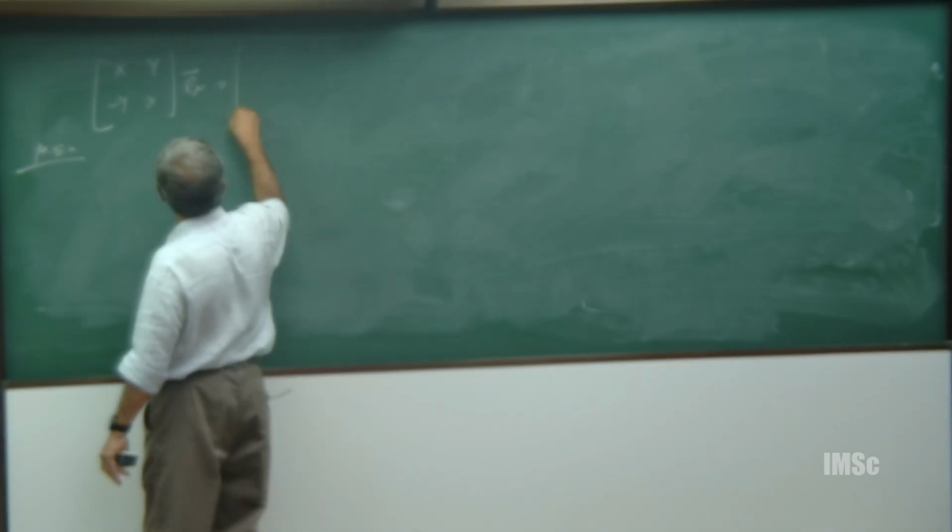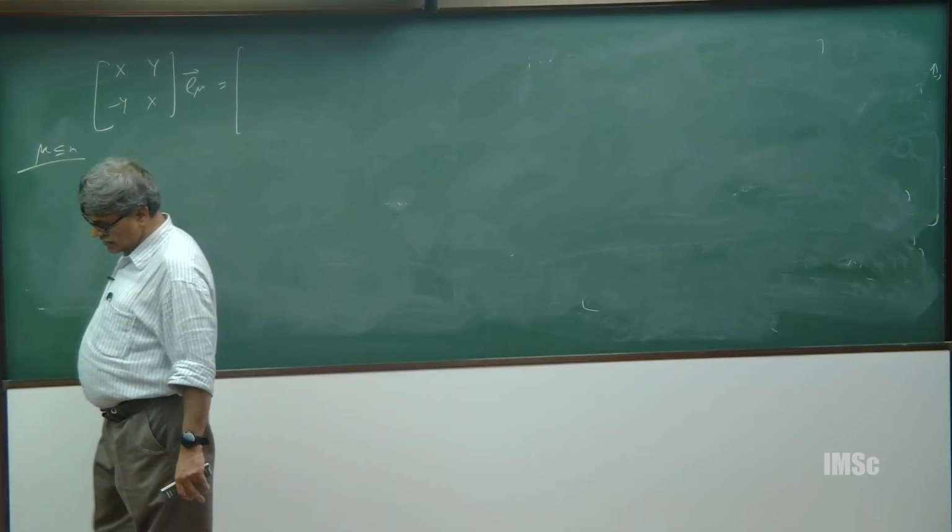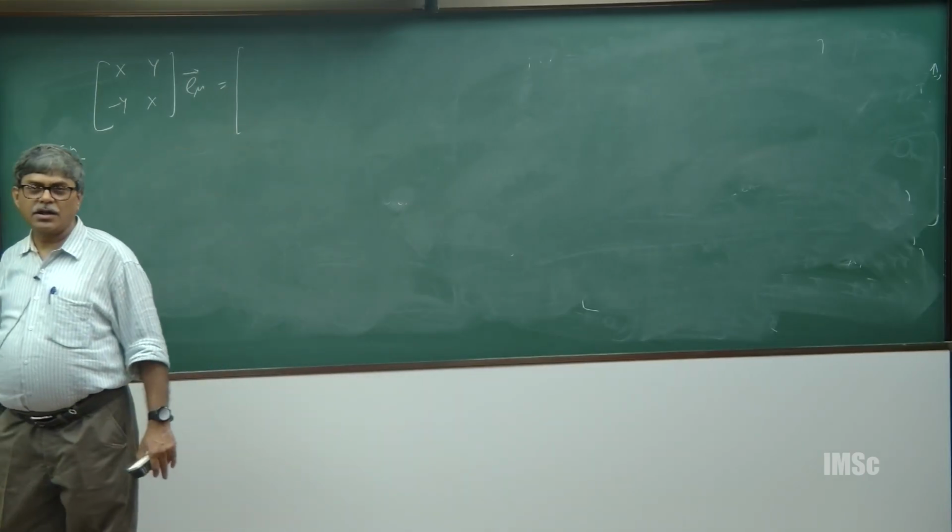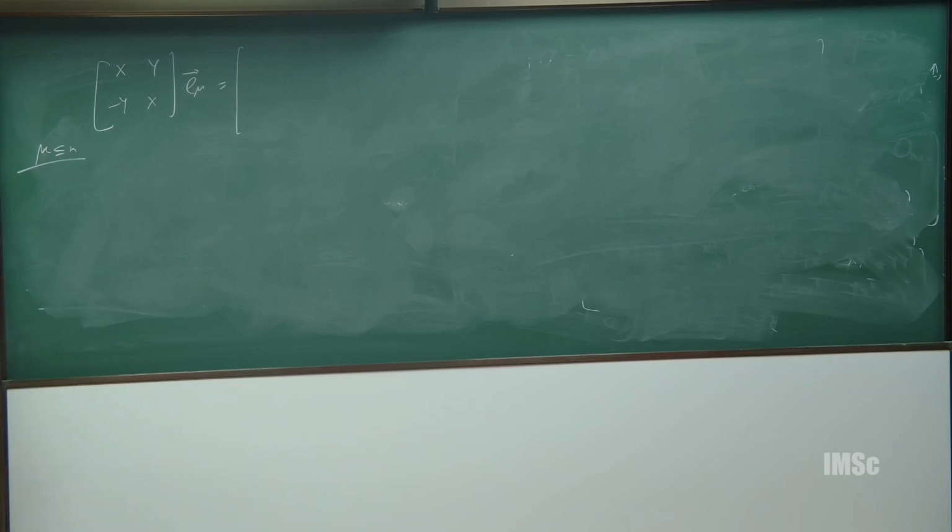It will be the restricted E mu in the first entry, the second entry will be 0, and the third entry will be minus y times restricted E mu.